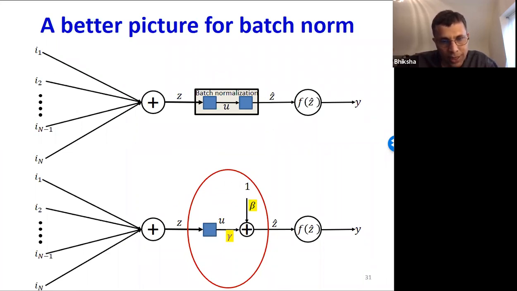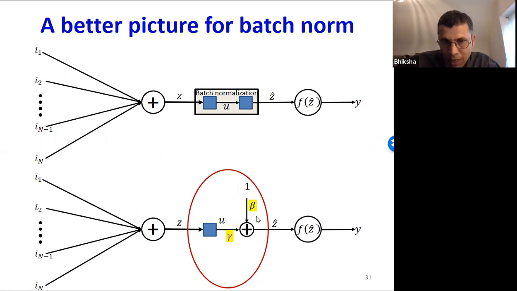Actually, this is a better one. From each Z, you first compute the normalized U, then the U is multiplied by a gamma, and then you add a beta to it to compute Z hat. And then once you get the Z hat, you apply the activation of the neuron to Z hat. Observe something over here. This summation beta is indistinguishable from just adding a bias to the Z hat term.